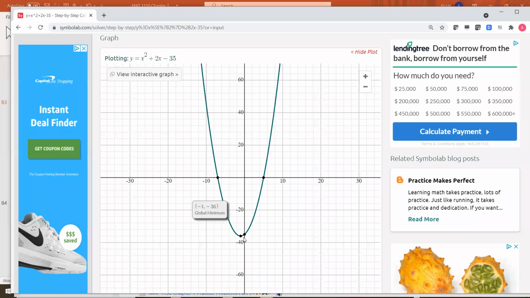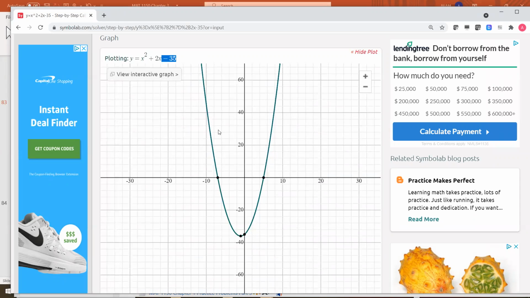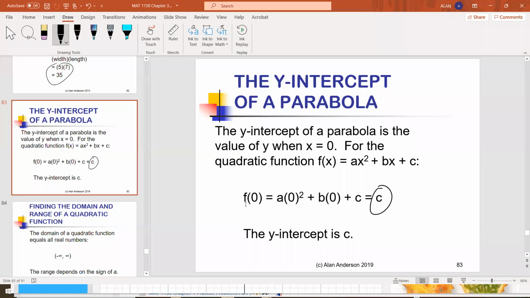So like here, it would be -35. And now if you look at the equation, that should be no shocker to us because that's the -35 right there. So c is the vertical intercept. And so that one is nice and easy. We like easy ones, don't we?